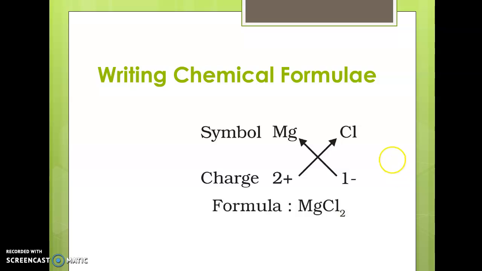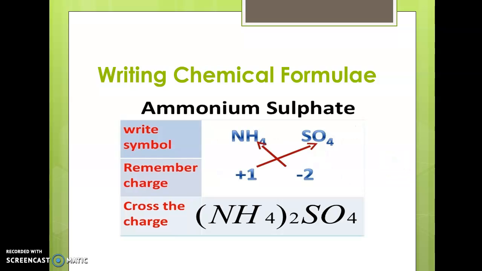No need to write that 1. Now ammonium sulfate. It is very clear that ammonium is a polyatomic ion, NH4+ and SO4 2-. Both are polyatomic ions, which means two different elements are there in one ion. So when you cross multiply, it is NH4 twice. You need to introduce a bracket for the polyatomic ions.